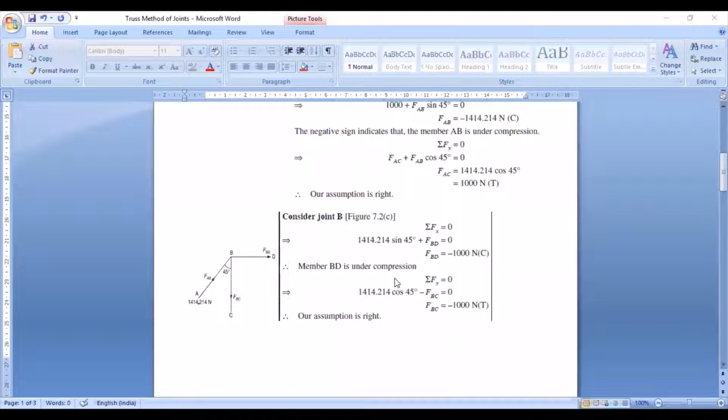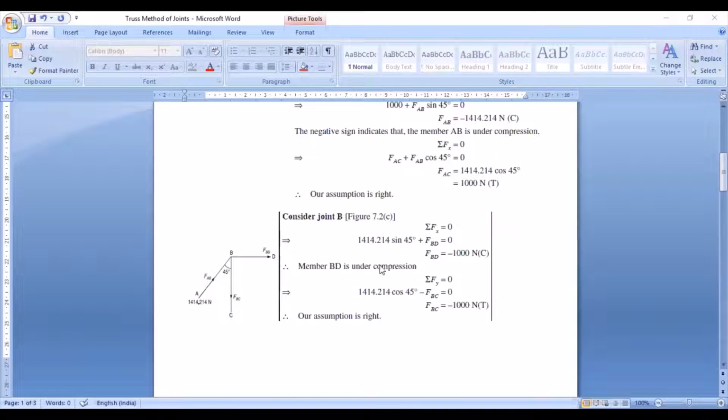Again, we shall apply sigma Fx and sigma Fy. In this, we have one horizontal, one vertical, one inclined. The inclined one needs to be resolved. After resolving, I get again one horizontal and one vertical. Thereby, totally I have two horizontal and two vertical forces.